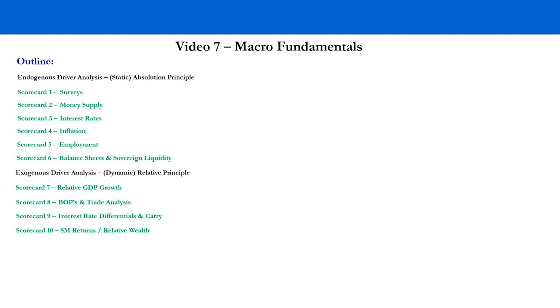When we look at currencies, as you know by now, we can't buy one currency without selling another. However, we can look at countries in absolute terms by analyzing their economy and parts of their economy that don't necessarily depend on the outside world.